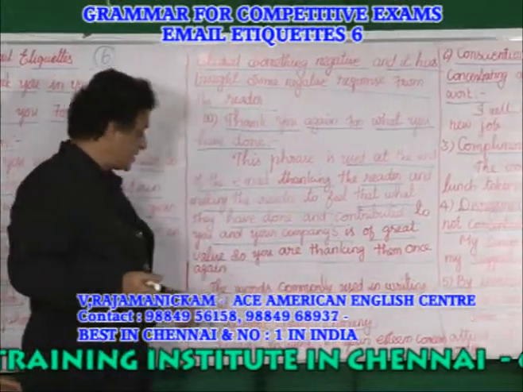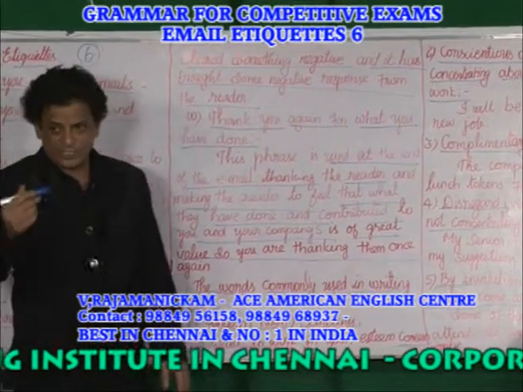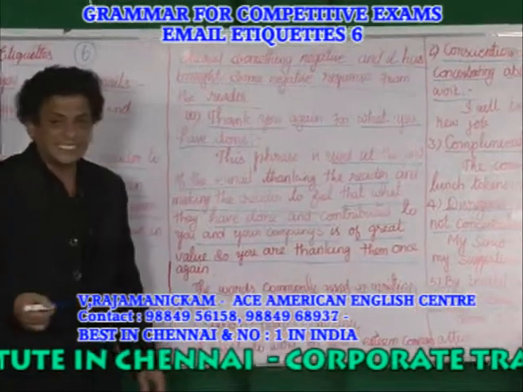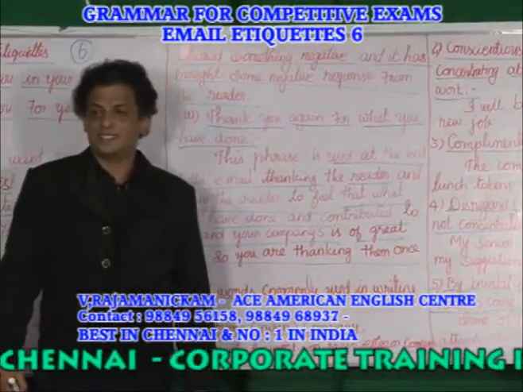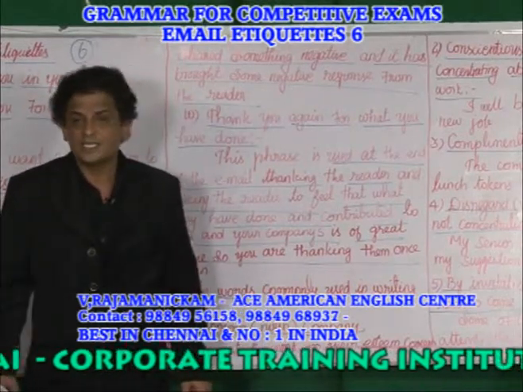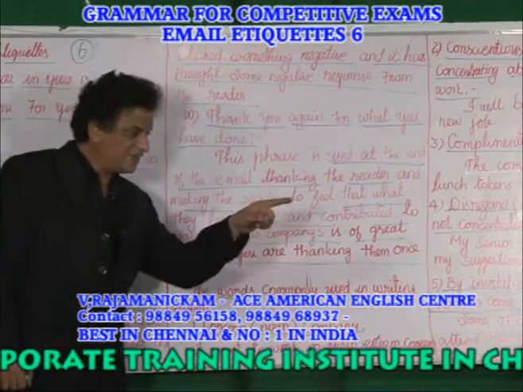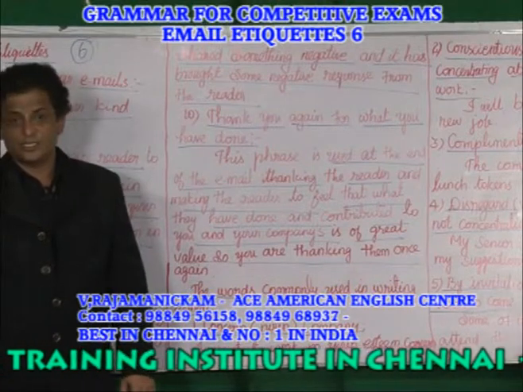Now, my dear friends, the words commonly used in writing email. What are the words used in writing an email? Number 1 is concern. What do you mean by concern? Is it a noun? Concern means organization, a company. As a verb, concerned. There are two things.